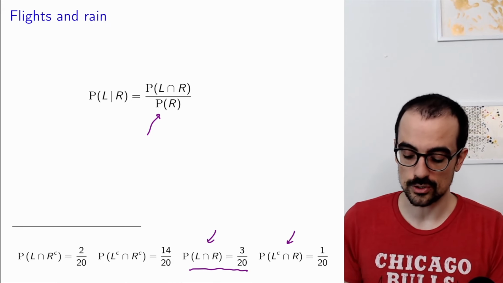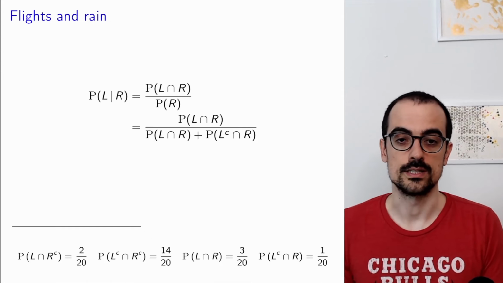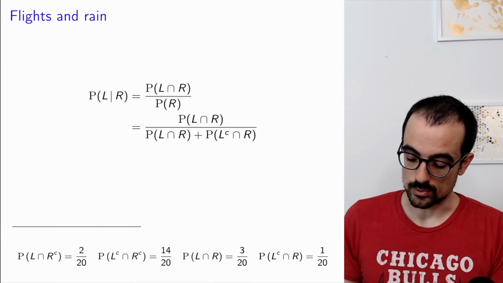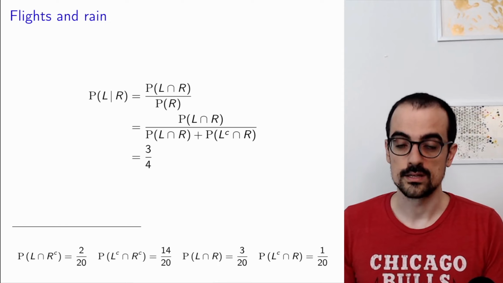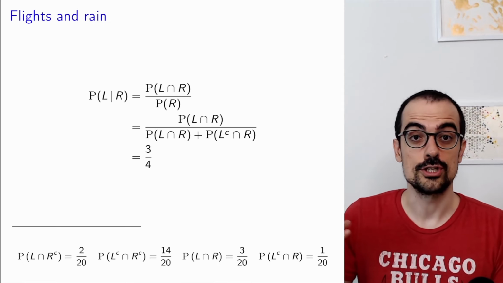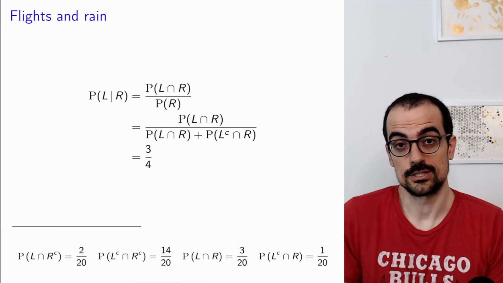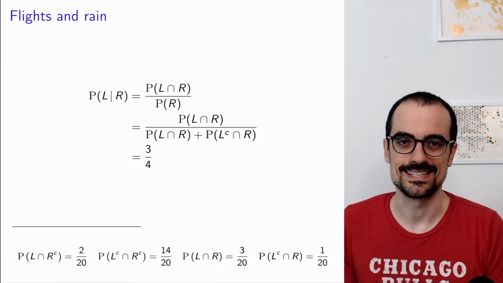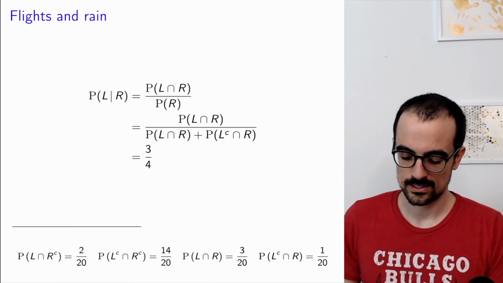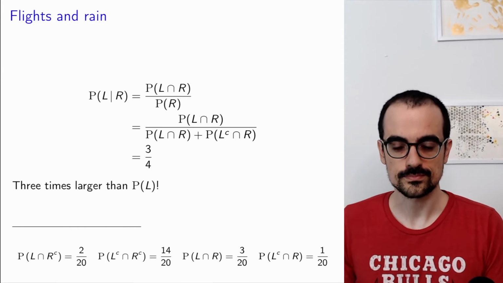Okay, those are disjoint, so we can just add their probabilities. And when we plug in all these numbers, we get 3/4. So the conditional probability that the flight is late if it rains is much higher, which actually makes sense in the real world, right? Okay, so it's much higher than the probability of L.